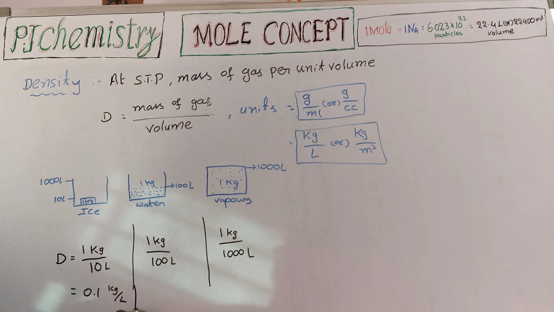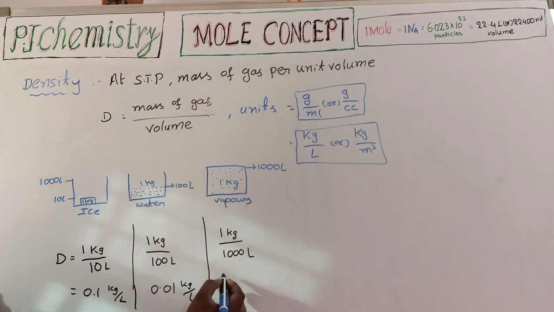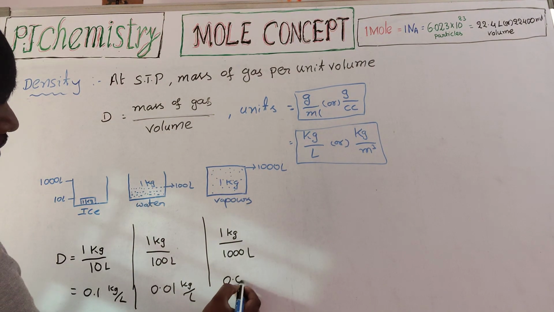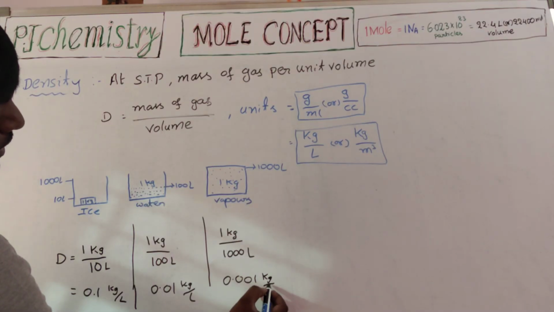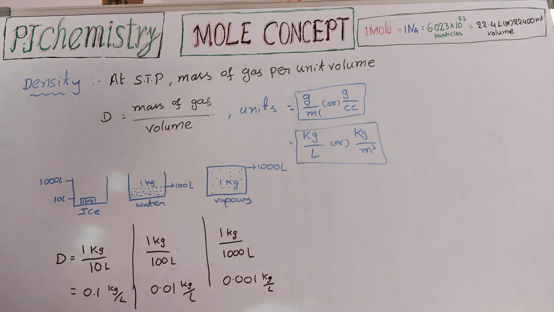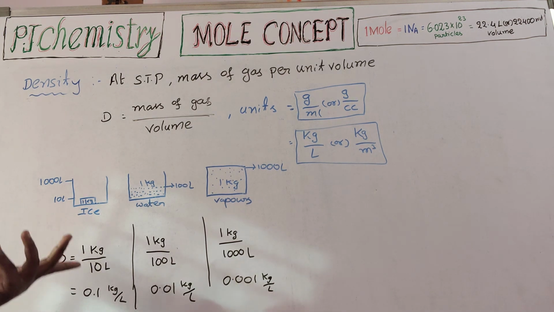here 0.01 kg per liter, and here 0.001 kg per liter. So through calculation also we get that density is directly proportional to mass and inversely proportional to volume.